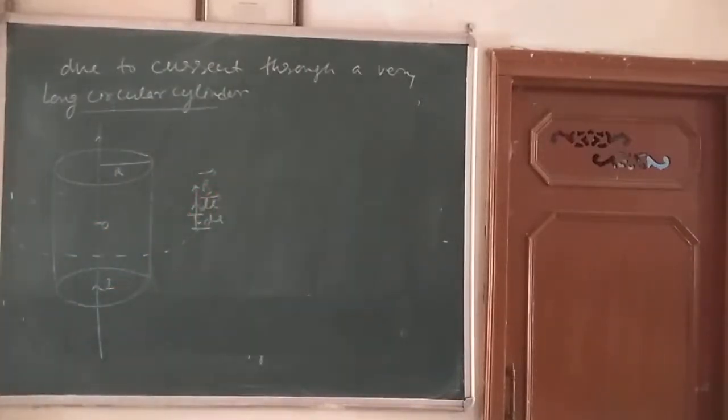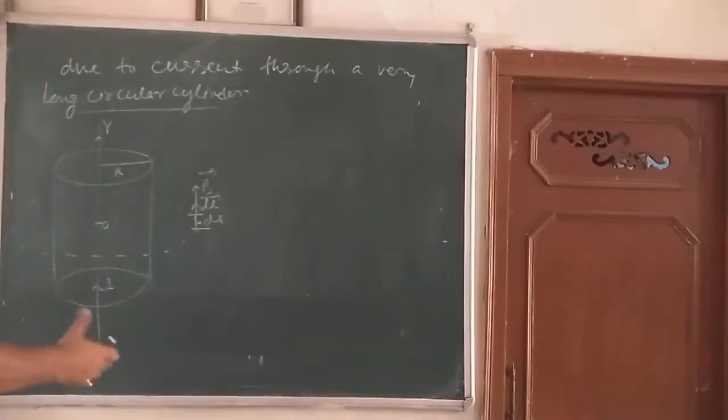So consider an infinitely long cylinder of radius r with the axis XY, like this. I is the current passing through the cylinder.